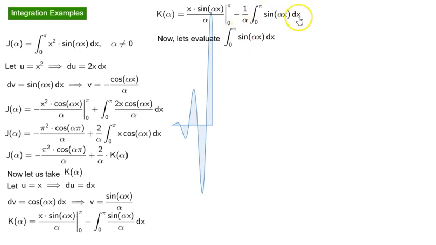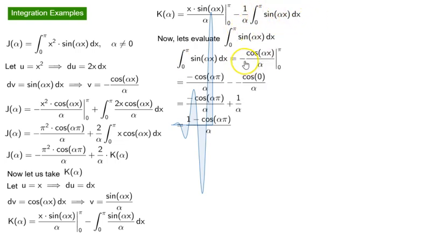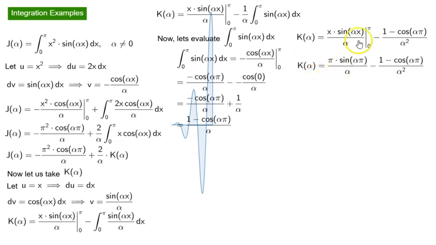Now let's evaluate this integral. We get minus cos alpha x by alpha from 0 to pi, and solving that, we get 1 minus cos alpha pi by alpha. So K of alpha is x times sine alpha x by alpha from 0 to pi, minus 1 minus cos alpha pi by alpha squared. Because one alpha is already there outside the integral, from inside the integral one more alpha will come, so alpha squared.